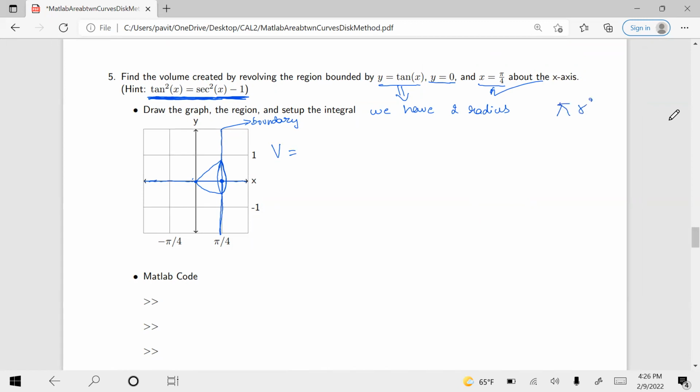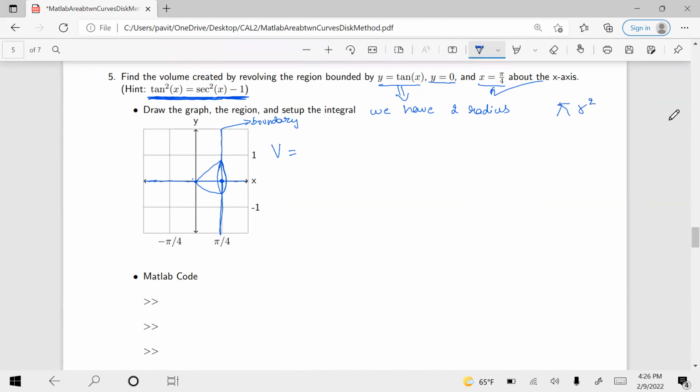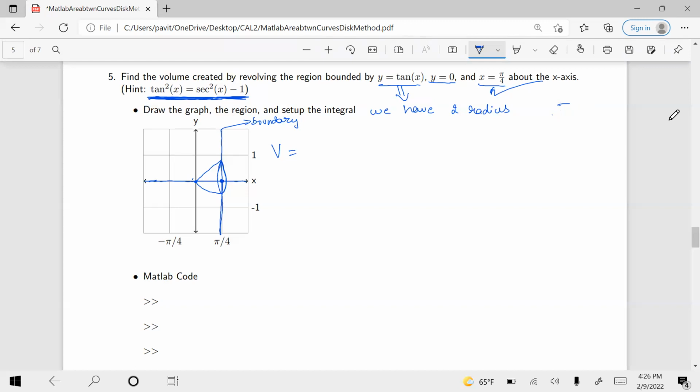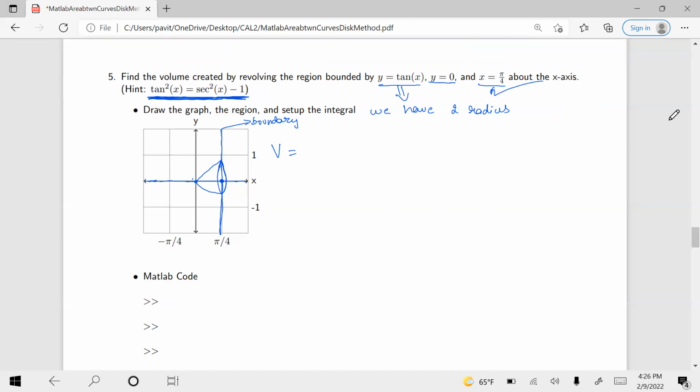Pi r square, remember the formula, right? Now we are going to use the same thing, but in a different way. I will keep pi outside because it's a constant, so let us not take it inside. Integration of capital R square minus small r square dx.